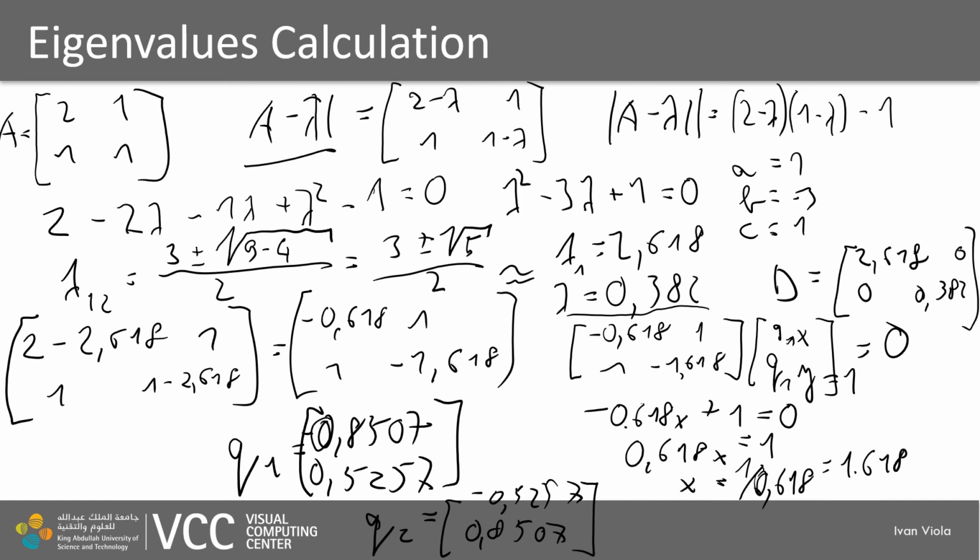So we can now form a matrix Q, which will be formed by the Q1 and Q2 column vectors. And then for Q transposed, we simply transpose the elements out of the diagonal. So this is how we calculate the eigenvalues and eigenvectors.